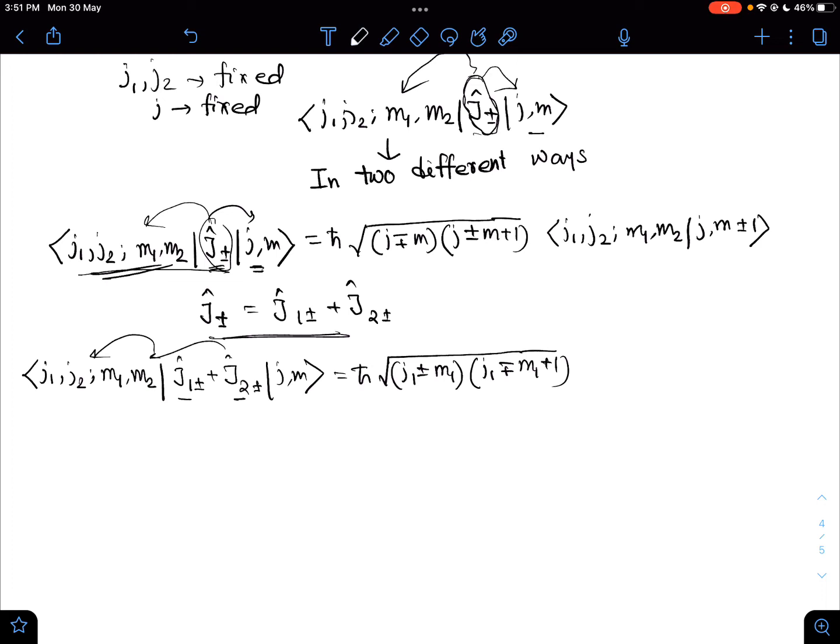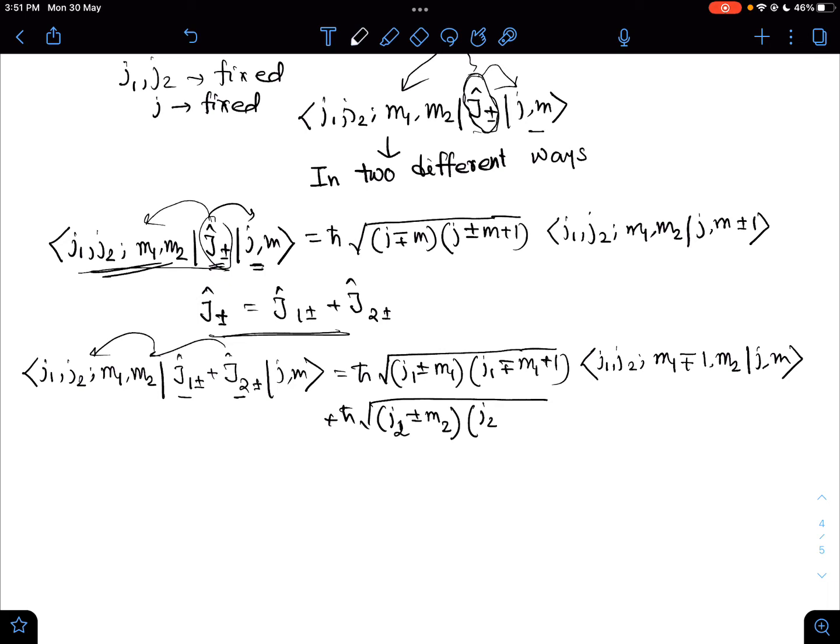We are operating on the first subspace, so we will have J1, J2, and the M value will be M1 ± 1, M2, J M. For the second term, we will have ħ root under, sorry, this will be J2, because we are operating on the second subspace, (J2 ± M2)(J2 ∓ M2 + 1), and we will have J1, J2, M1 will be the same, and M2 will be M2 ± 1, and J M.